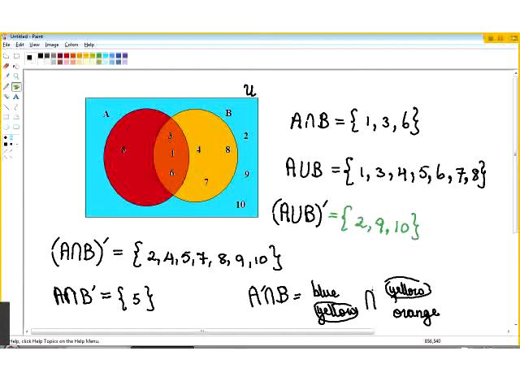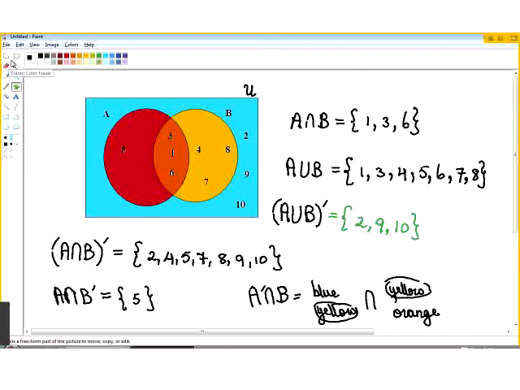Alright? Now, moving away from the colors, let's see if we can describe it. A prime intersect B, we are looking at what is outside of A and inside of B at the same time.